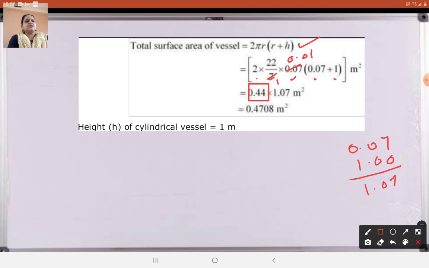Is it correct? Yes. So 1.07 multiply by 0.44 and get the answer. Your answer will be 0.4708.